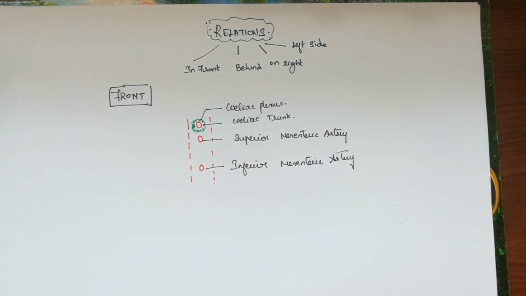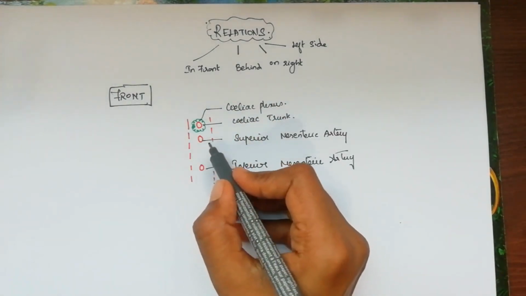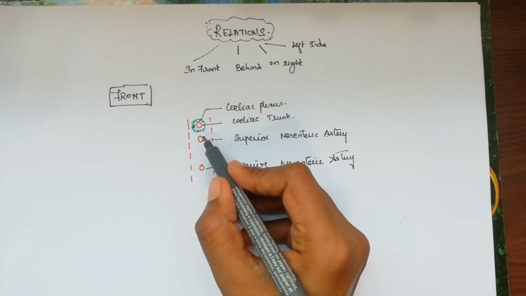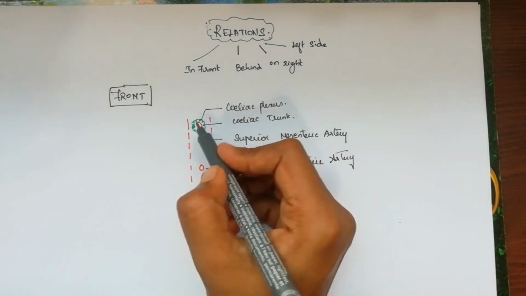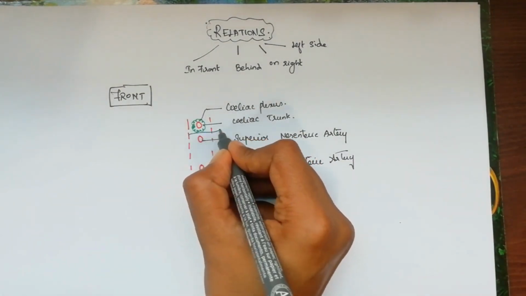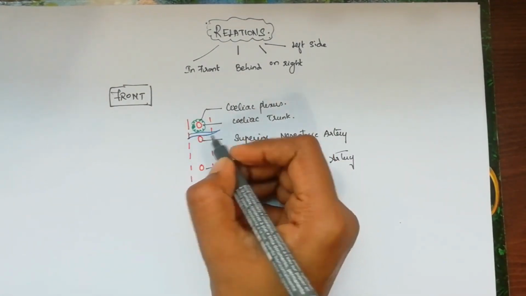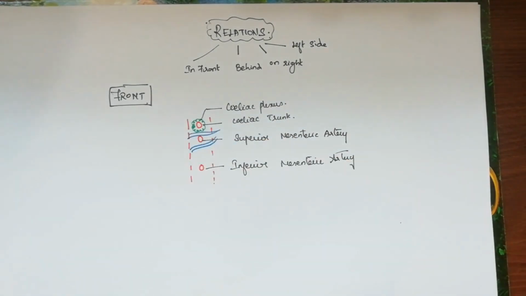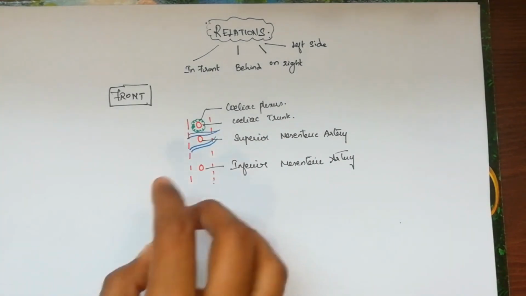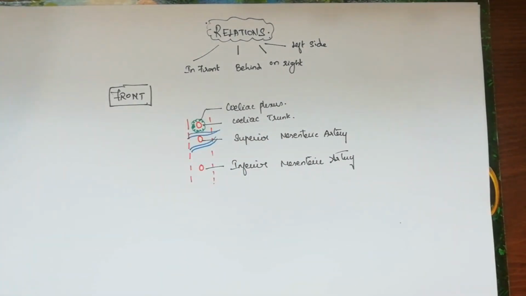Celiac plexus. And related to the superior mesenteric artery, above it we have a vein, and below it we have another vein related, and that vein is called the renal vein. We have the left renal vein related below the superior mesenteric artery.